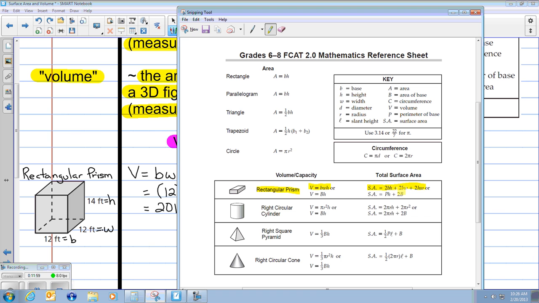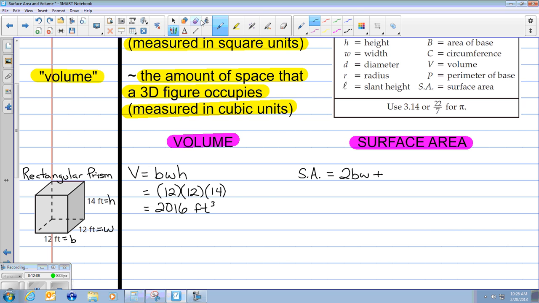It wouldn't really matter, but I'll go ahead and change it so it's exactly the same. 2BH plus 2BW plus 2HW.